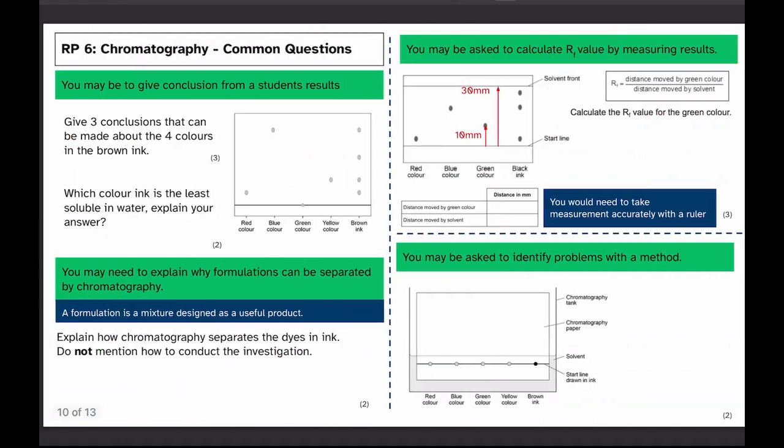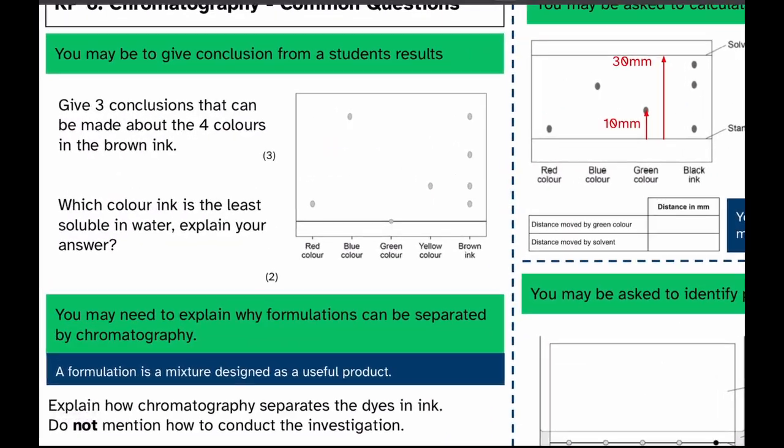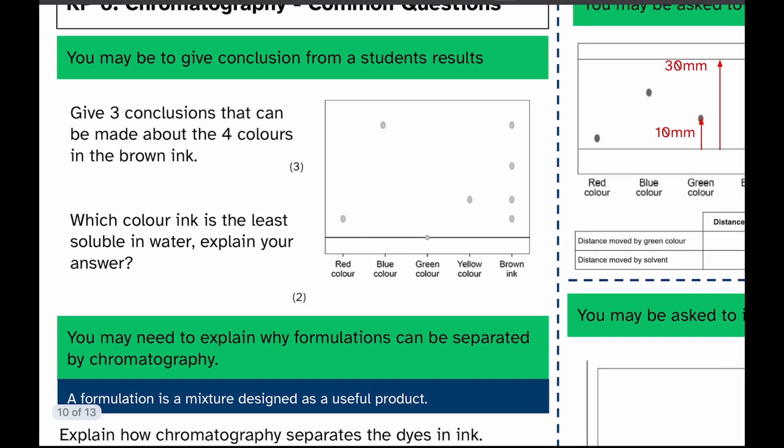All right, let's look at what some questions would look like for chromatography. They might not be really obvious in terms of specifically asking what colours are in it, but they're always going to ask you about colours. So they might just say, what conclusions can you make about the 4 colours in the brown ink?